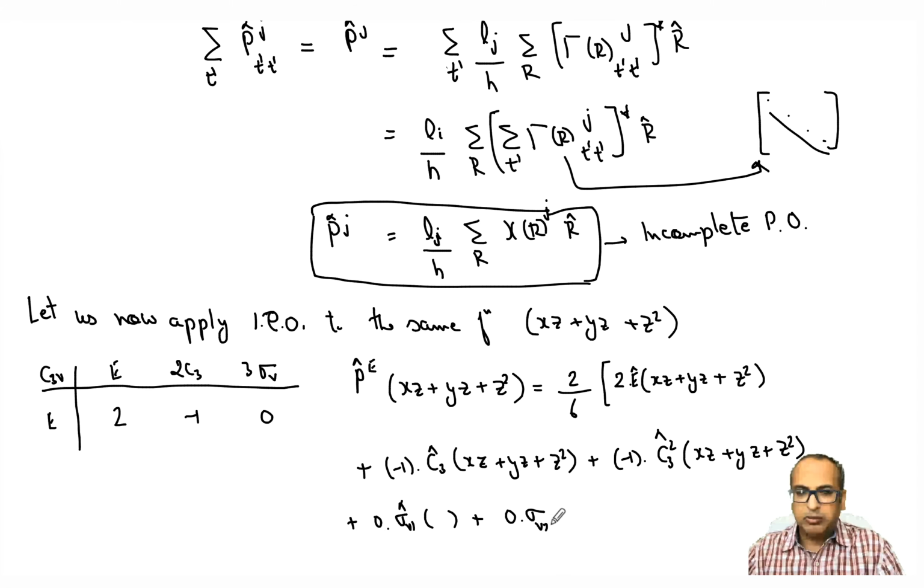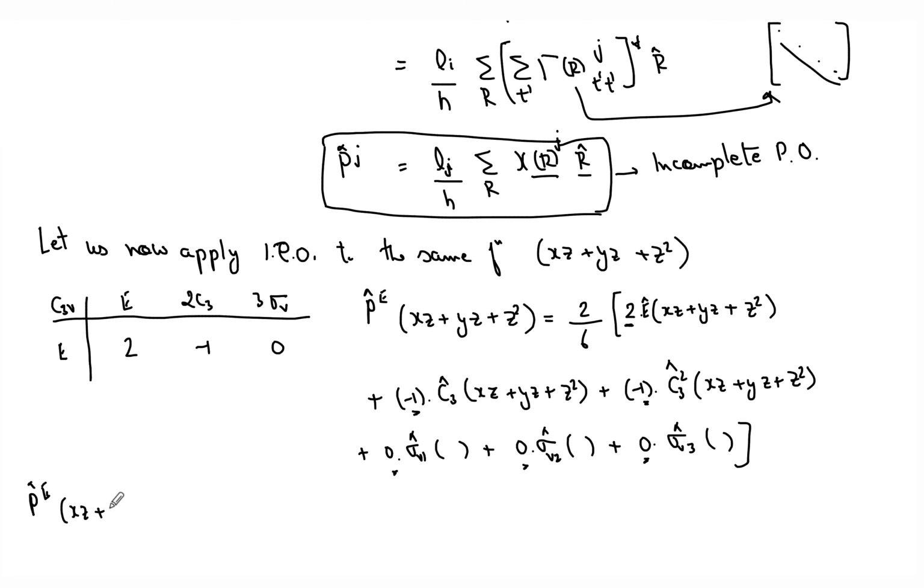So we have P_E of xz plus yz plus z square, and you have 2 by 6, 2 into xz plus yz plus z square, minus 1 times, now the effect of E onto this remains the same. Now the effect of C3 onto this we had calculated in the last lecture, so I'm just going to note down what we get here.